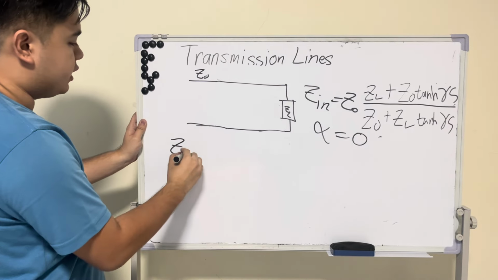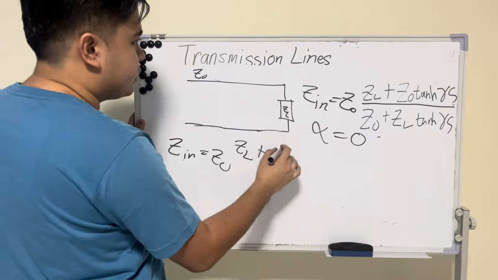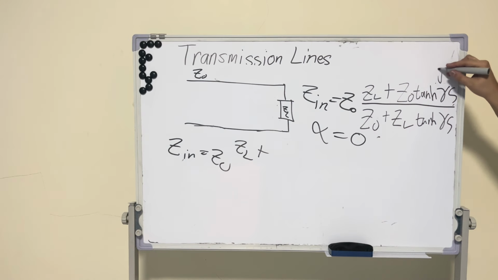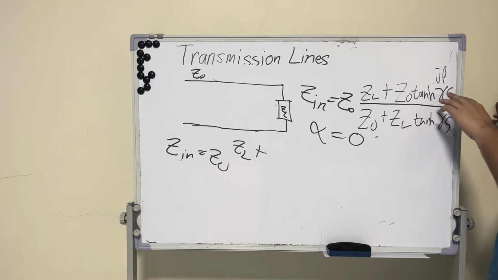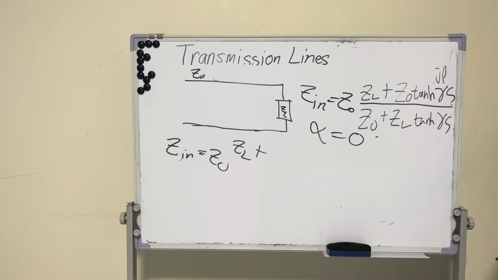So Z in equals ZO, ZL plus, okay. So gamma becomes j beta now. And since tangent of j beta S has an imaginary number on the inside, we have to turn it into j times tangent theta.